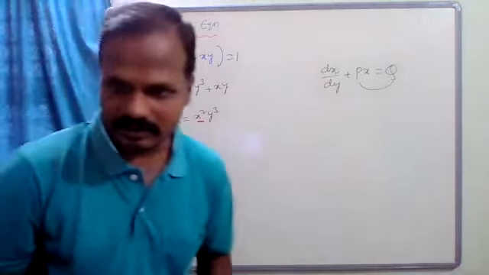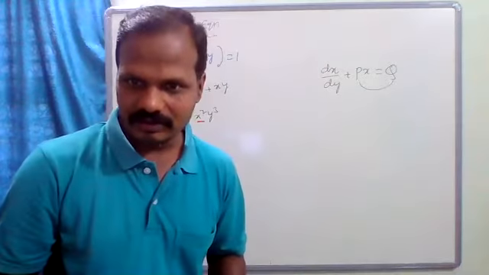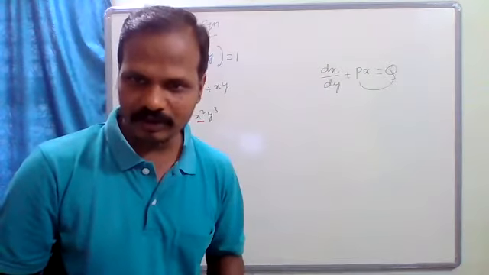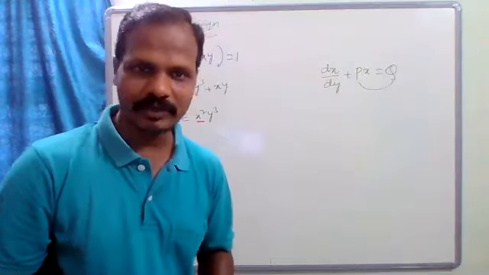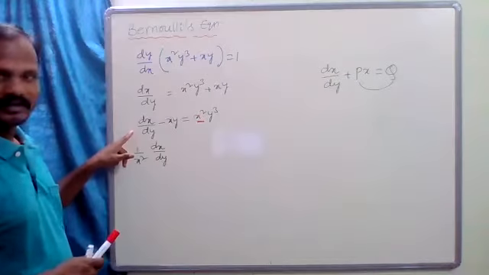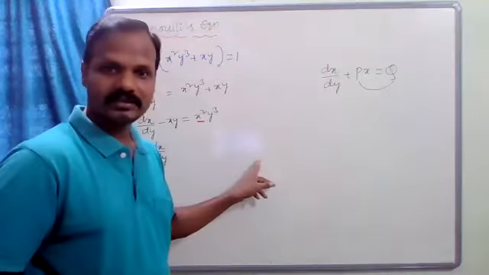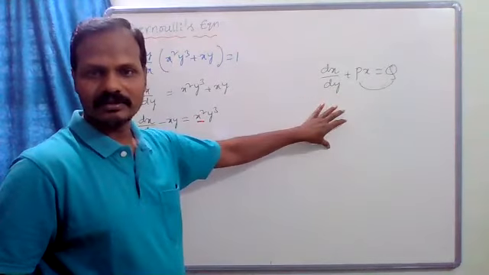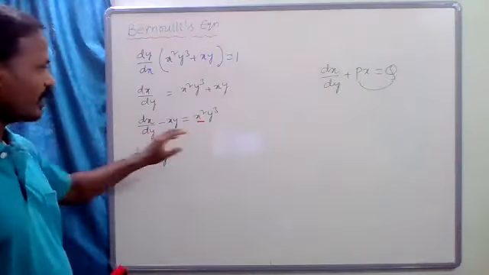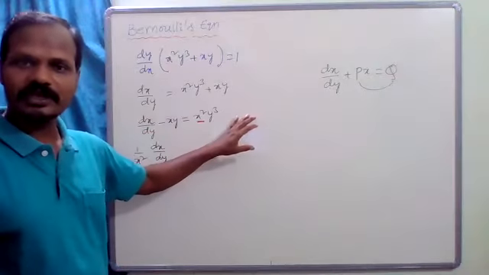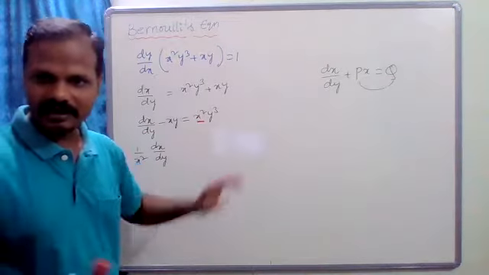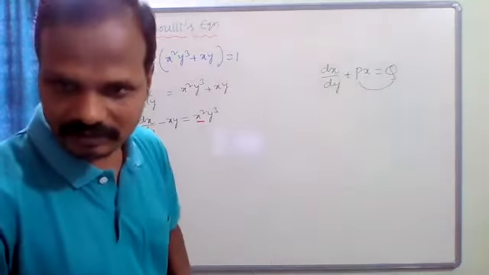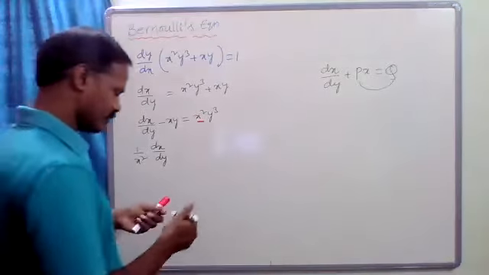Should we divide with y cube? No, you should not divide with y cube, because here it is dx by dy. If it were dy by dx, you would keep only x terms on the right side. But when it is dx by dy, you have to keep only y terms on the right side. Are you getting it or not? So divide with x square.